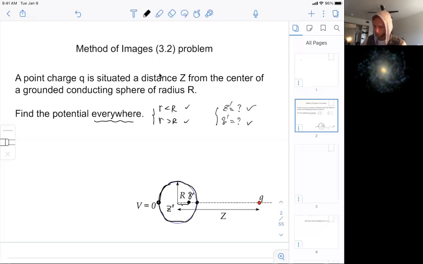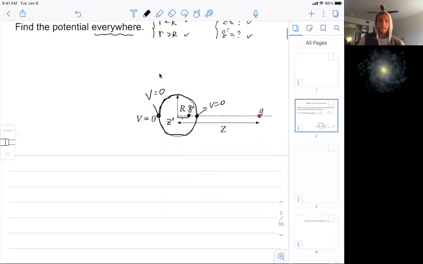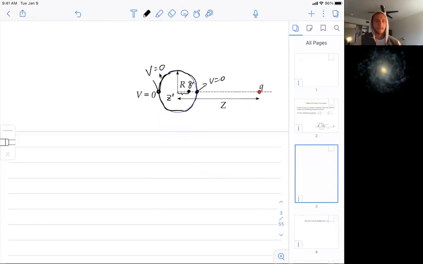If the q prime is put in here, it has to make the potential here 0 and the potential here 0. It needs to satisfy the same boundary conditions. Okay, so let's see what that would give us. I'm looking at this point. Let's call it the potential at point P.